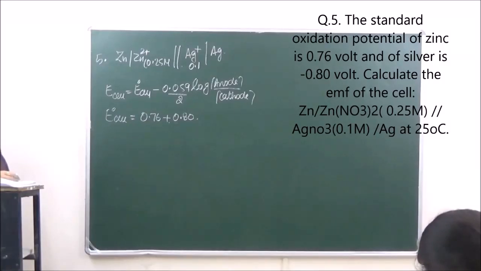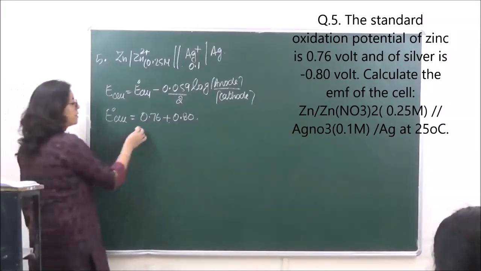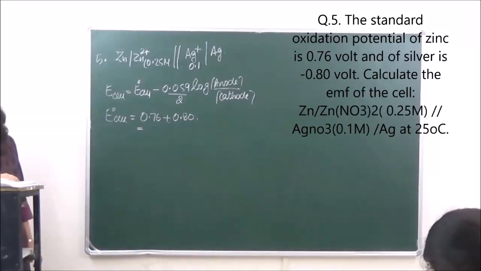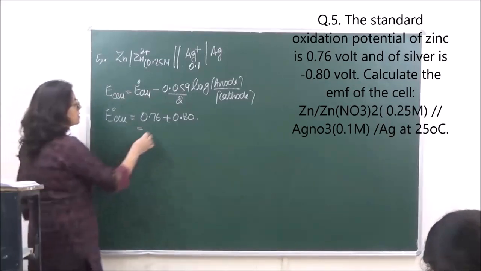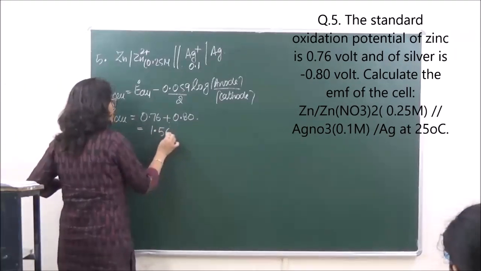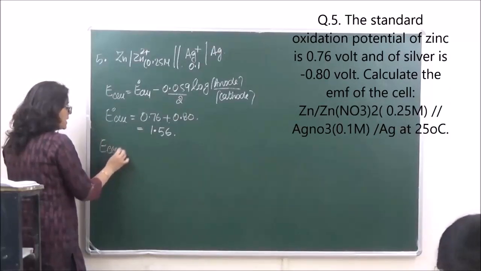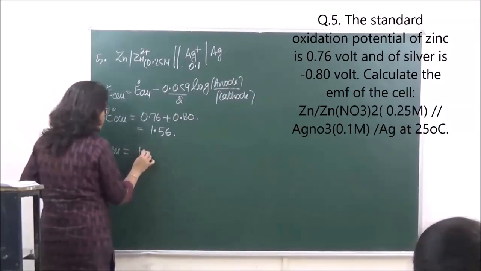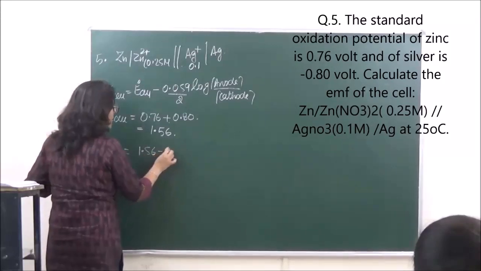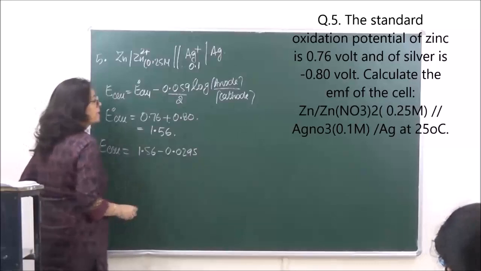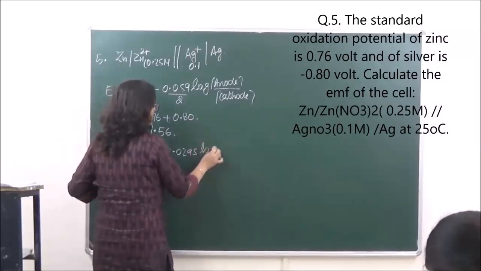Okay. So what are we getting over here? The answer will come to 1.56. Okay? So let's put the value. E cell is equal to 1.56 minus 0.0295 log of anode.